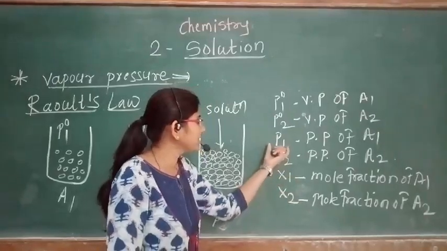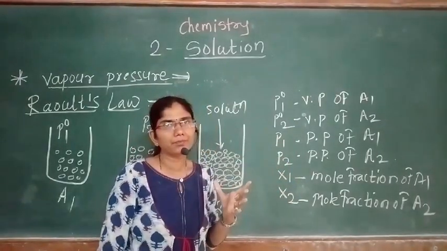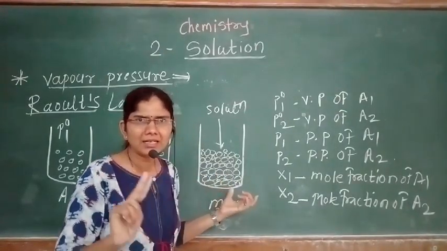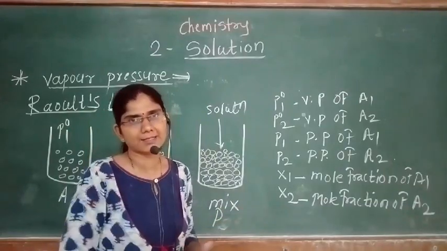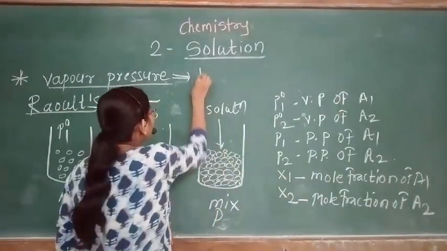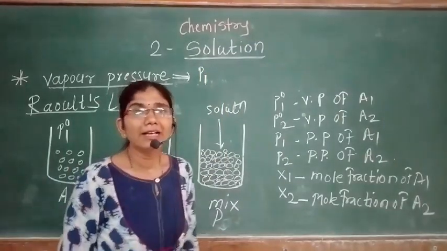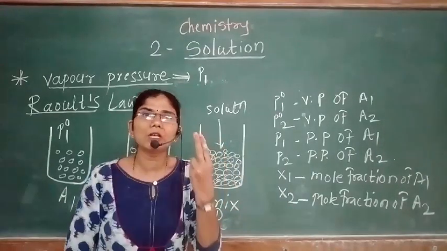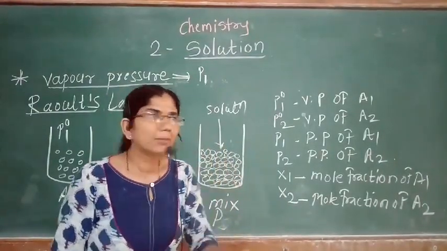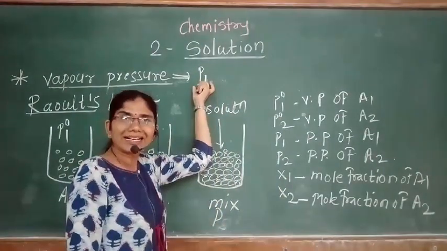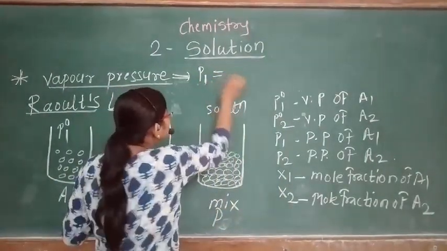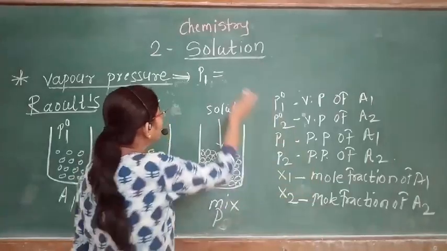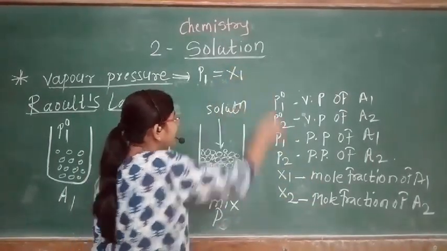The partial pressure means either P1 or P2, because this is a binary solution of two volatile components, two volatile liquids. Therefore, the partial pressure of any volatile component of the solution is equal to the mole fraction of that component.